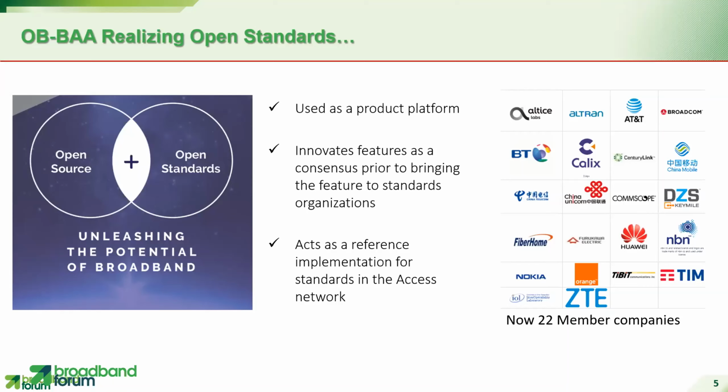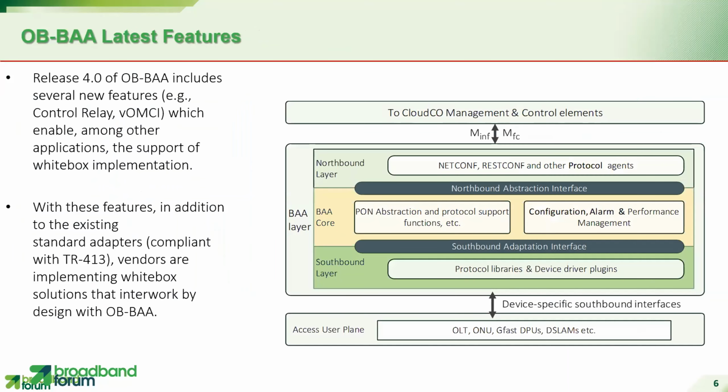The OBBAA activities have been going on for getting close to 3 years now, as Lincoln talked about and showed in one of his roadmap slides. We are now working on release 4.0, and releases are issued roughly every 6 months.